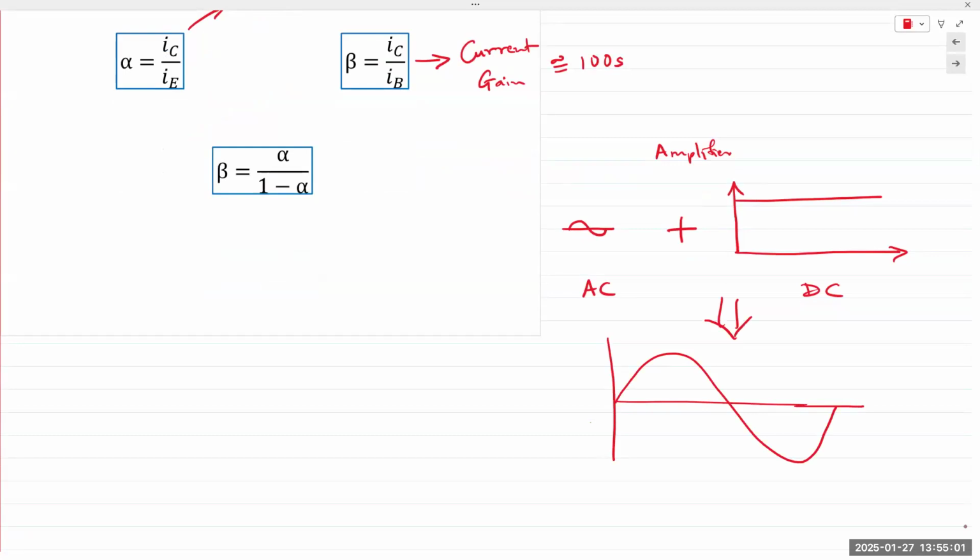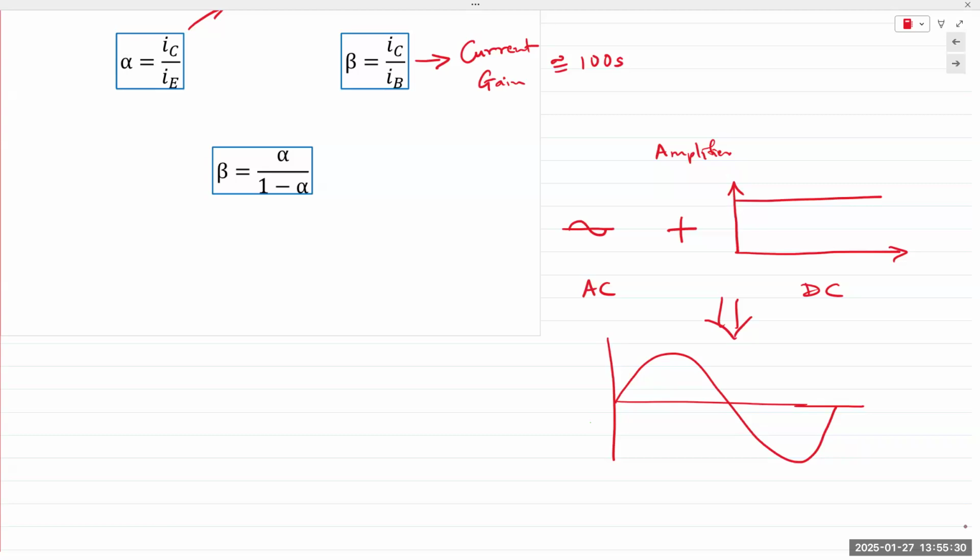We can say that the transistor would take the DC voltage and give it the shape of the AC input. The AC input would be very small, millivolts or less than a volt, and the DC voltage would be 15, 20, 25, 30 volts or even larger.